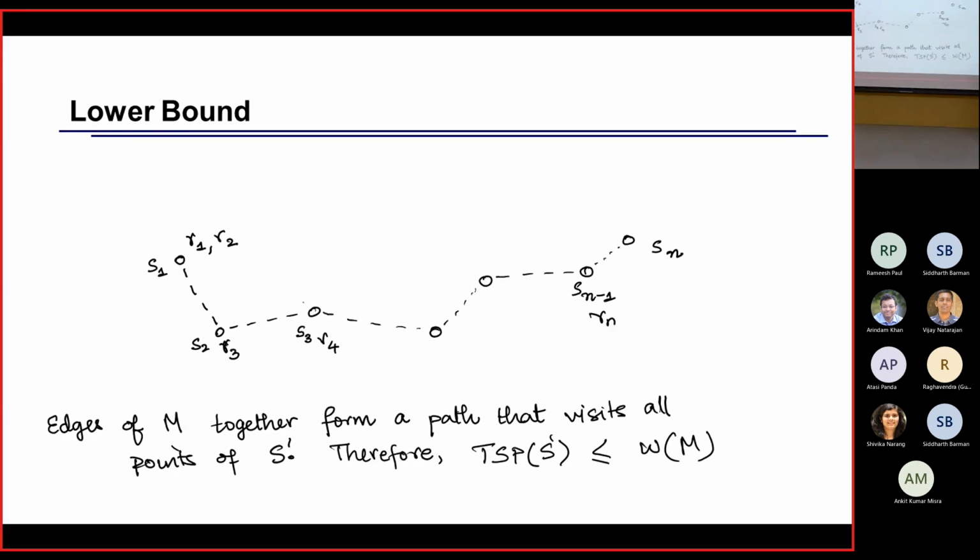And what you see is that the set of online edges actually forms a path that visits all the points. In other words, it's a traveling salesman path and not necessarily the optimal one. Therefore, the traveling salesman path of S prime or tour of S prime should be less than or equal to the cost of the online match. So the length of this path should be at most the traveling salesman.